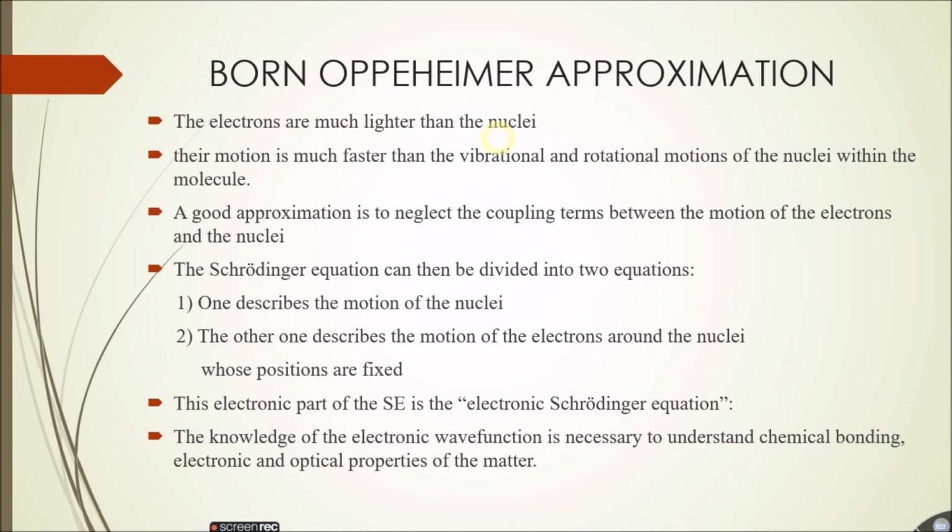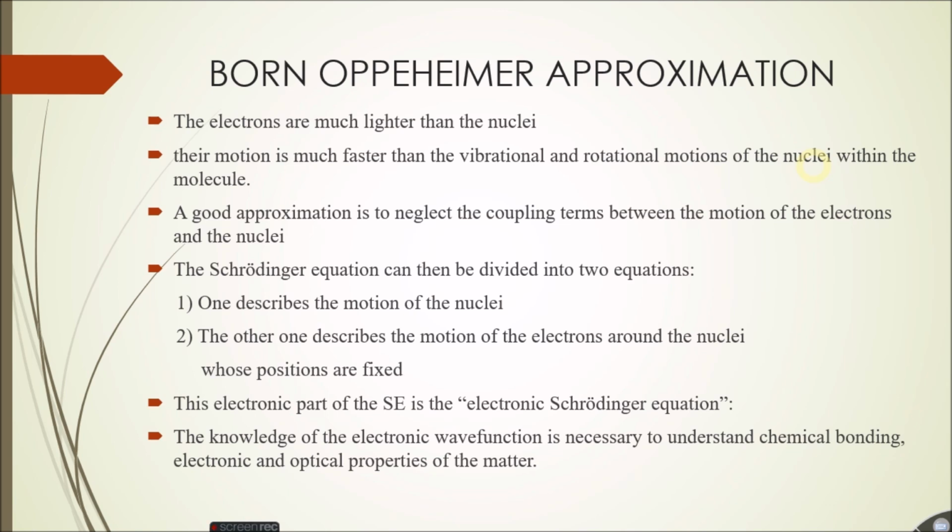So your nucleus is heavy whereas your electron is a very, very light particle, right? So what happens? Their motion is much faster than the vibrational and rotational motions of the nuclei. When you compare the motion of your electron with the nuclei, the electrons are very fast compared to all the vibrational and rotational motions of the nuclei within the molecule.